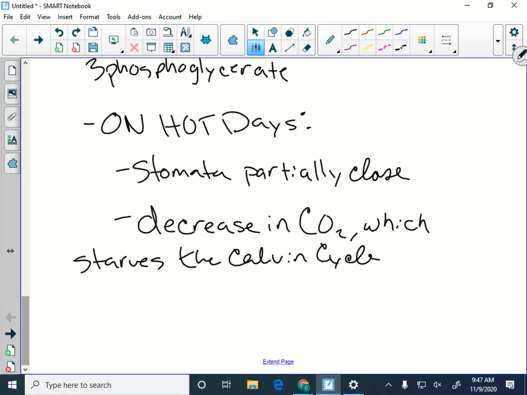So our light reactions will go as far as they can with the NADP+ and ADP that they have. Eventually, they're going to use all that up, and we're just going to have our store of NADPH and our other high electron carriers.